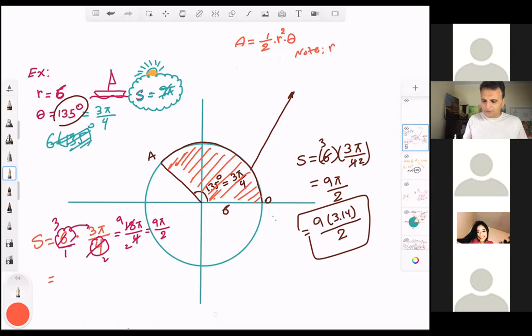So they say r is the radius of the circle, and theta is the angle from initial side to terminal side, and it has to be in radians. We had 135, we made it 3 pi over 4. So we just need to be super happy that somebody came up with the formula and we don't need to Google it. You have it in your note sheet.